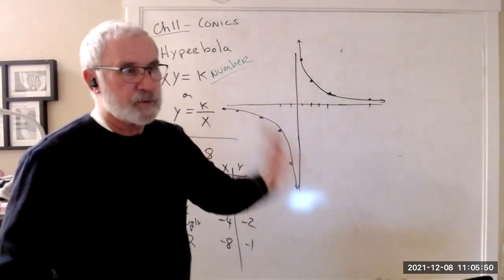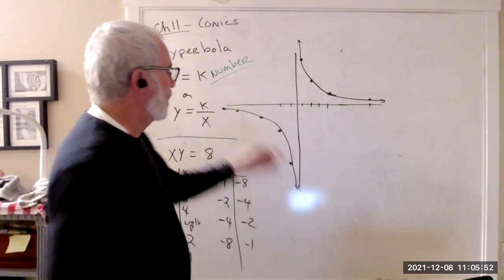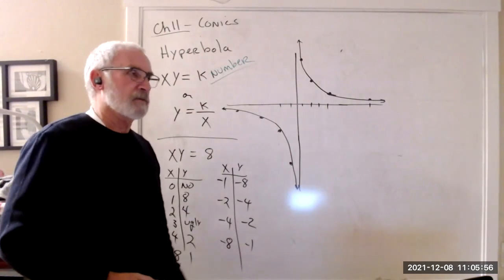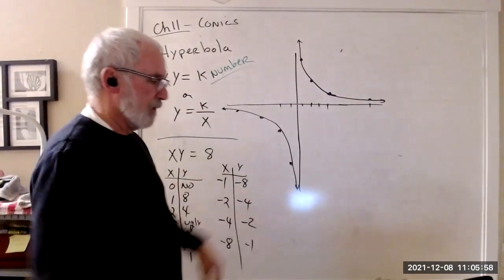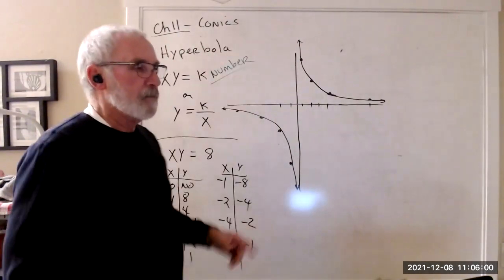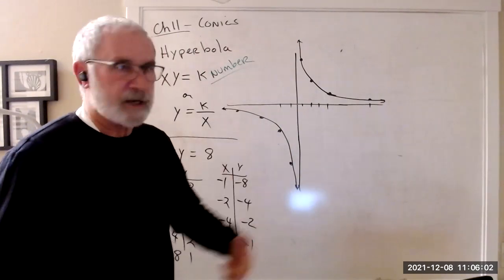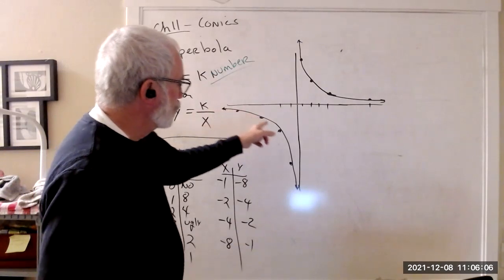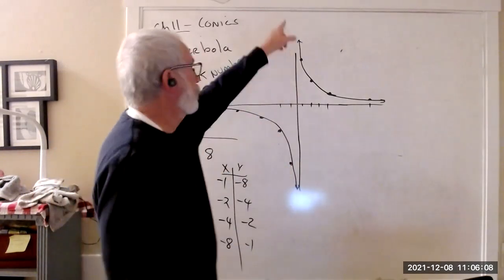The graph, if you put this on like Desmos or something, well, Desmos is too fast. When you type it in, it goes, there's the answer. But if you put it on a slower graphing calculator, you'd see it go, and then jump up here.